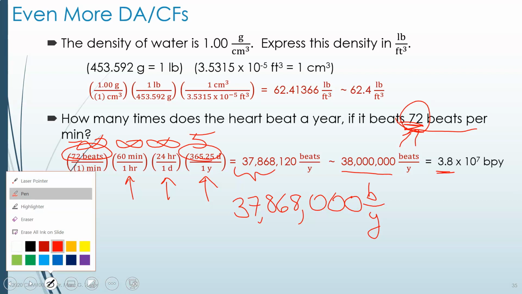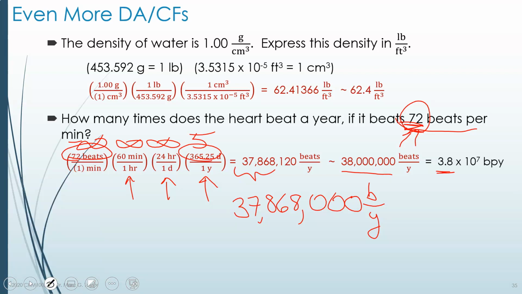I have assumed in this calculation that it was approximately 72 beats, but I neglected to say so.